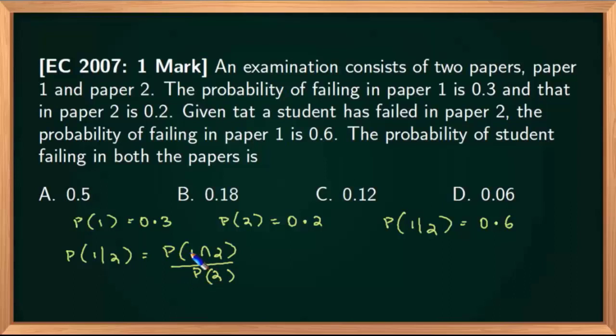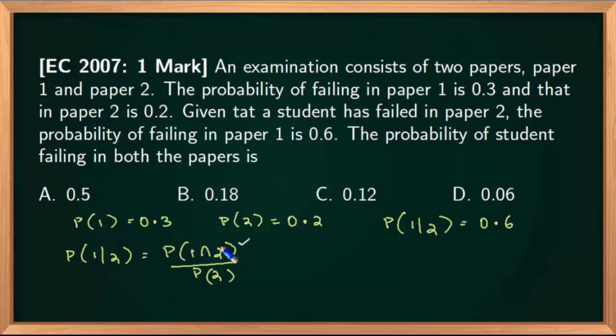It means that event 1 has to happen, and event 2 has to happen. Event 1 is nothing but failure in paper 1. Event 2 is nothing but failure in paper 2. So it is the simultaneous failure in both paper 1 and paper 2, divided by P of 2, which means failure in paper 2. This is something which I need to find out, because the question is the probability of the student failing in both papers, the simultaneous occurrence of events 1 and 2.